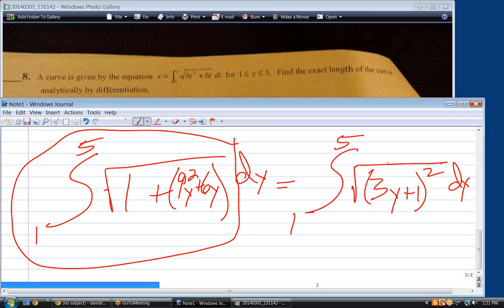So the square root of this squared, I can get rid of the exponent and the radical sign, and now I just have to integrate that. What's the integral of that? So that would be 16 minus 4. Well, let's integrate it first before you plug in. Oh, yeah, duh.